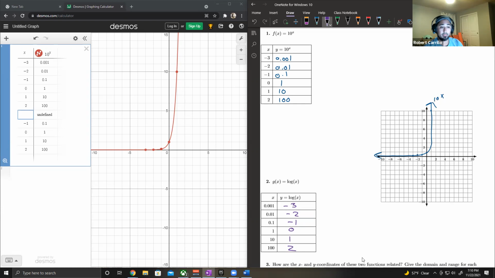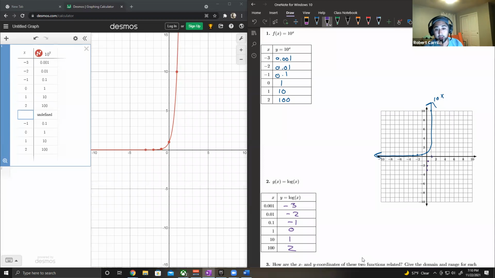Then we'll plot the log function, log of x, and at 0.001, you're at -3. So you're going to be really close to the y-axis, so right there. And then at 0.01, you're at -2, so not much further to the right. And then at 0.1, you're at -1, so again, not much further to the right of the y-axis.